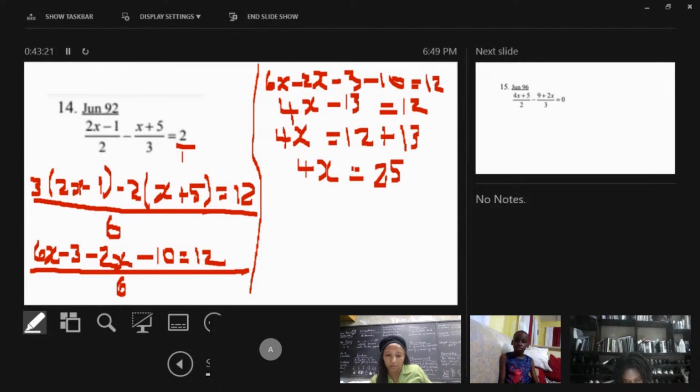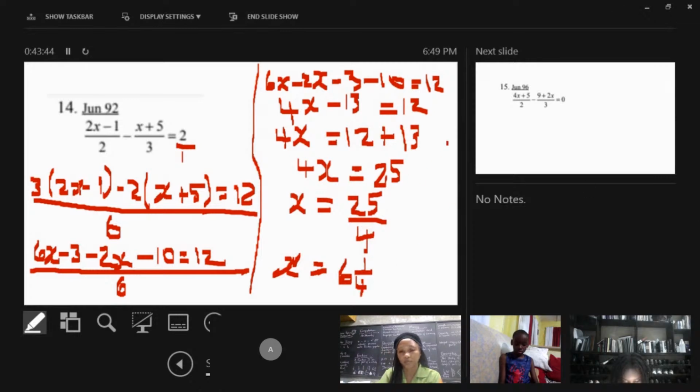So x is 25 over 4, and 25 over 4 is 6 and a quarter.